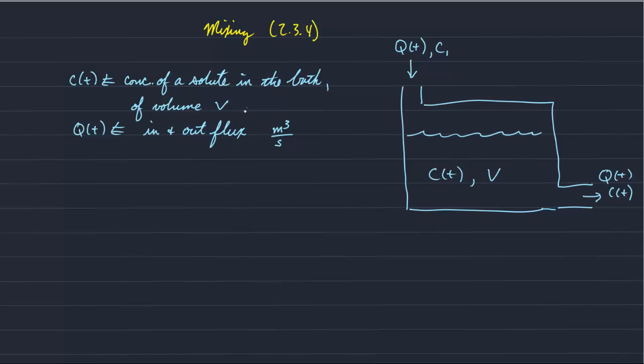The concentration, say, is measured in grams per meter cubed or something. Grams of a solute per meter cubed of fluid. And C1 is our input fluid concentration. Okay, so this is our conceptual model of our mixing system.